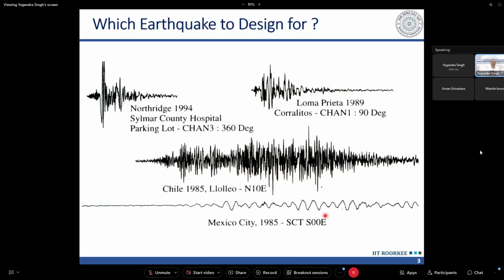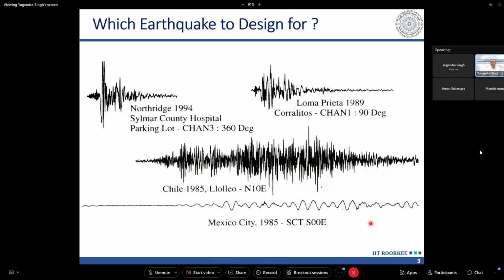Or we can say that its predominant frequency band is in quite a low frequency range, and unfortunately that frequency matches with the frequency of most of our buildings between 5 to 20 stories. As a result, in Mexico City during the 1985 earthquake, there was selective damage to buildings between 5 to 20 stories.